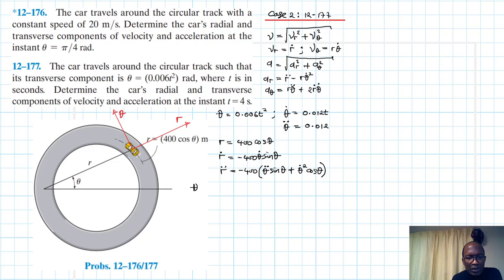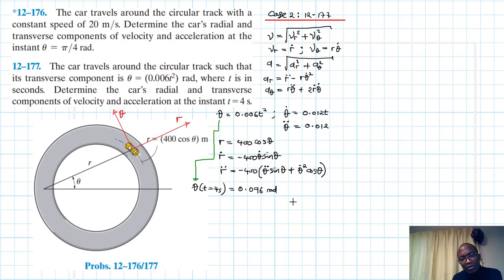So let's start with theta. Theta at t equal to 4 seconds, using this equation, is 0.006 times 4 squared. This gives us 0.096 rads.